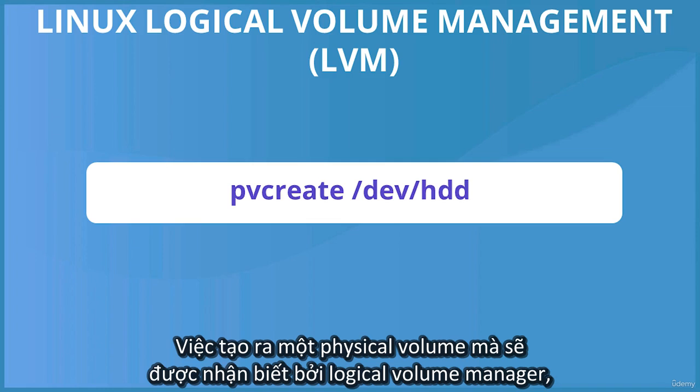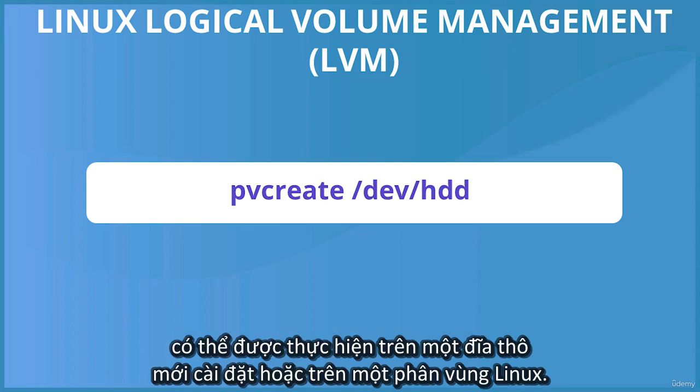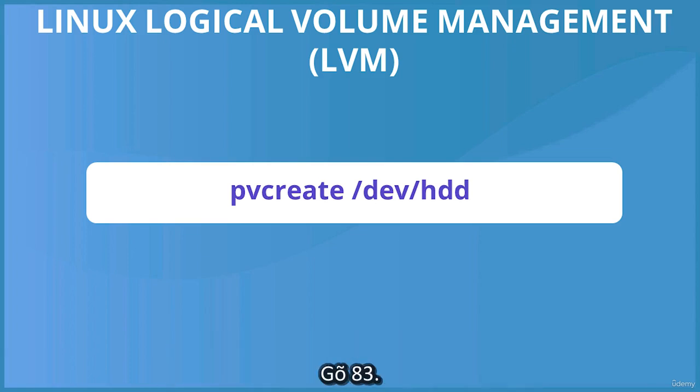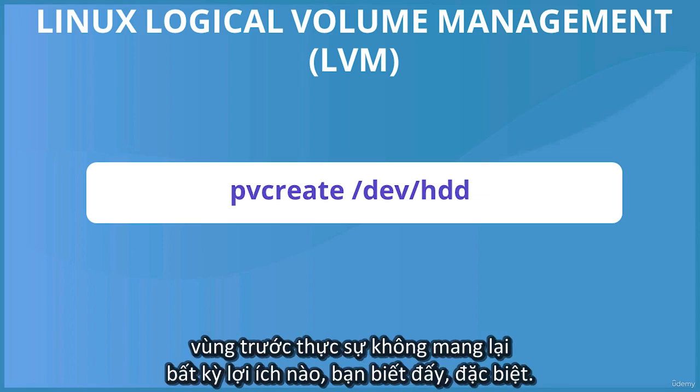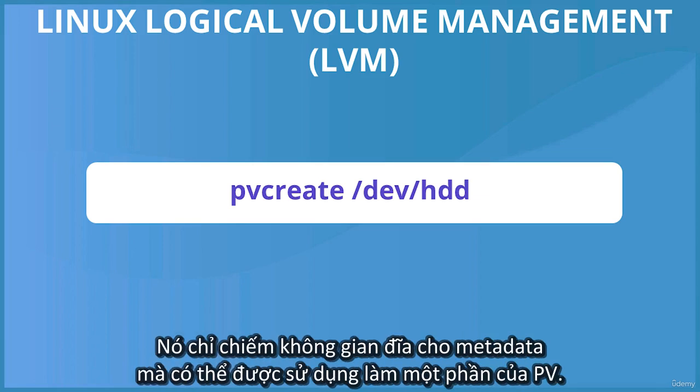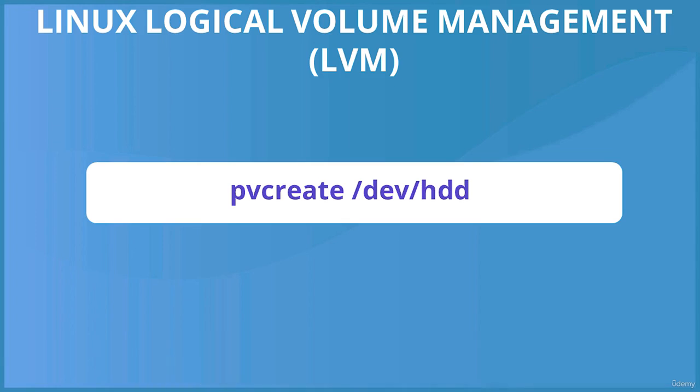This creation of the physical volume, which will be recognized by the logical volume manager, can be performed on a newly installed raw disk or on a Linux partition type 83. Now, if you are going to use the entire hard drive, creating a partition first doesn't offer any particular advantages. It just uses disk space for metadata that could otherwise be used as part of the PV.